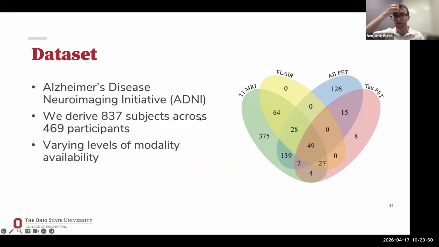Now, to train and evaluate our method, we use the Alzheimer's Disease Neuroimaging Initiative dataset, often abbreviated as ADNI. This is a longitudinal Alzheimer's disease dataset tracking hundreds, probably thousands now, of patients over a long period of time with regular visits where they obtain various neuroimaging, lab exams, different procedures.